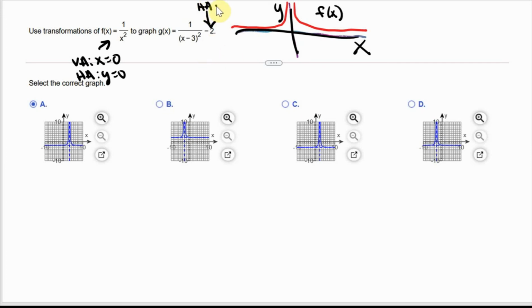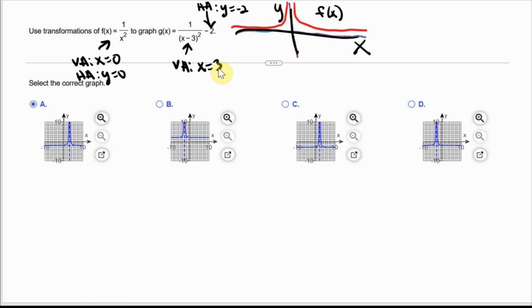So we have a horizontal asymptote of y equal to -2. It's going to take the same graph of f, it's going to shift it down 2. Now, right here we have a horizontal shift. Well, you remember you just called that the vertical asymptote. So here, that's x equal to 3. So this guy shifts over to the right 3.